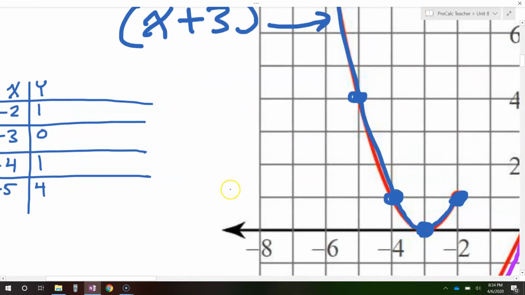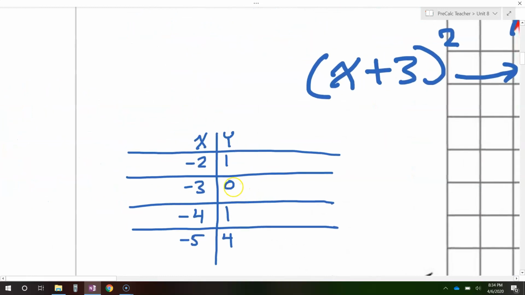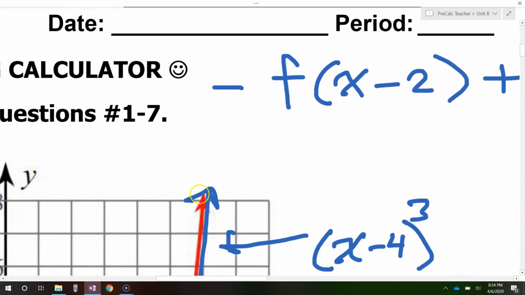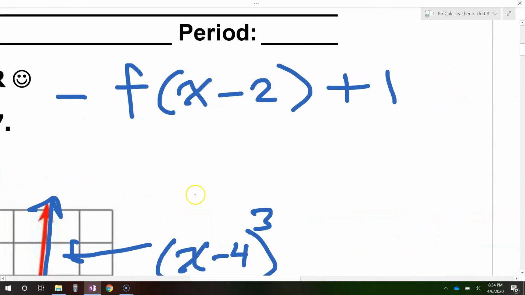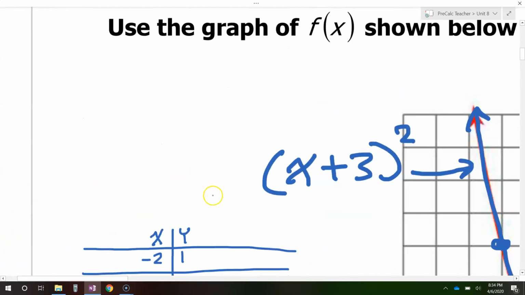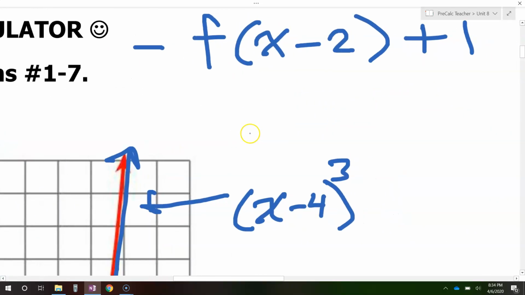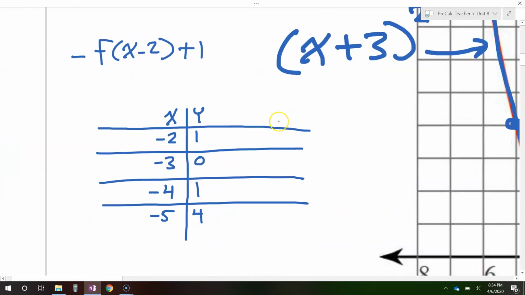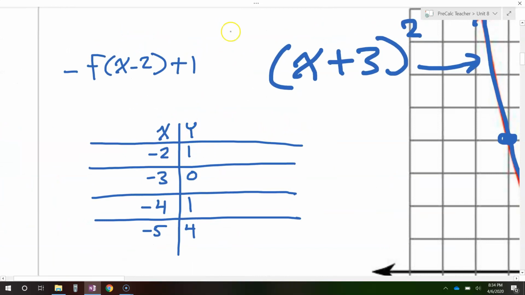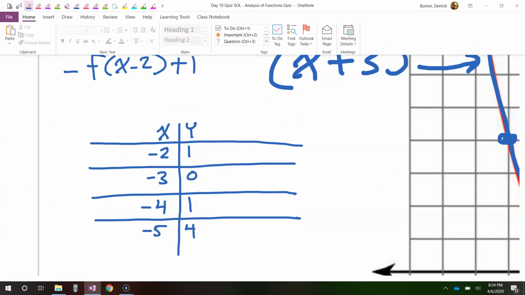Now we're going to take these key points and we need to do this transformation. In fact, I think I'll recopy that nearby. So we have negative f of x minus 2 plus 1. Is that what it was? Yes. So let's start with what we have to do to the y value.